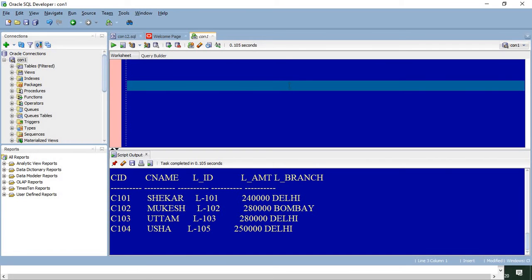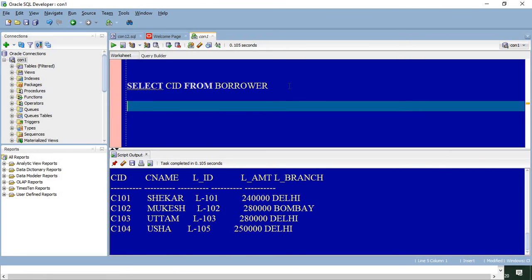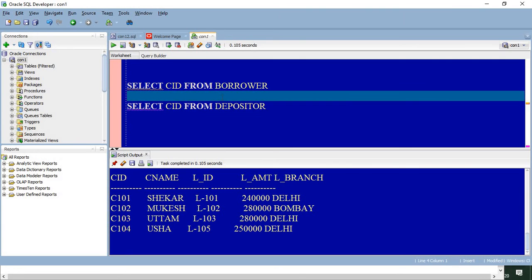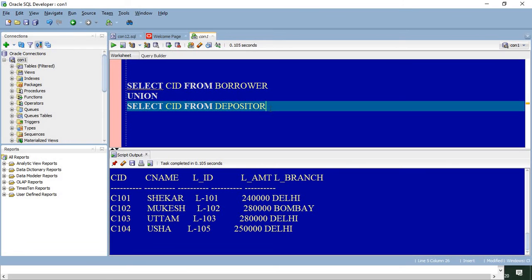So let us first project customer ID from borrower, and also project customer ID from depositor. And now to apply a union operation on these two relations, we have the union keyword in SQL, and after the last select we have to apply a semicolon.